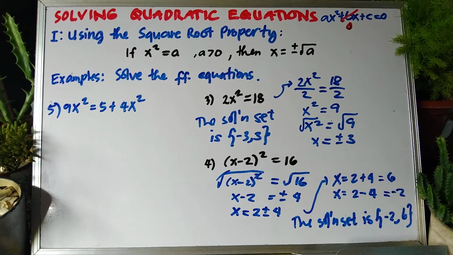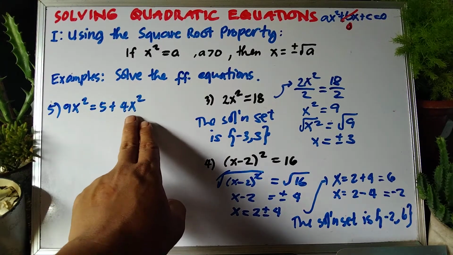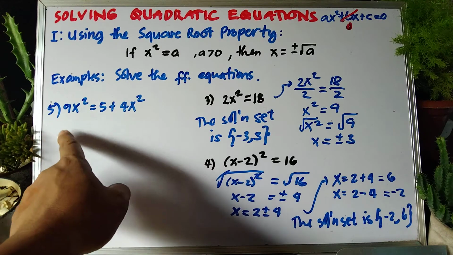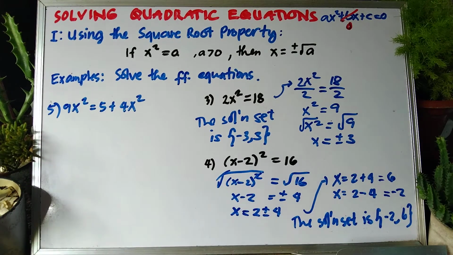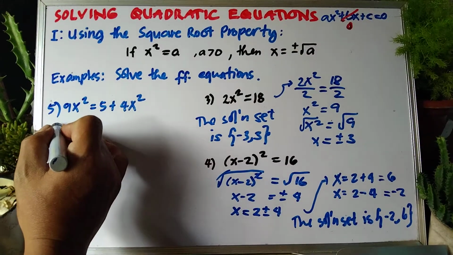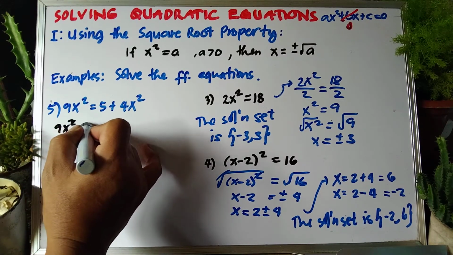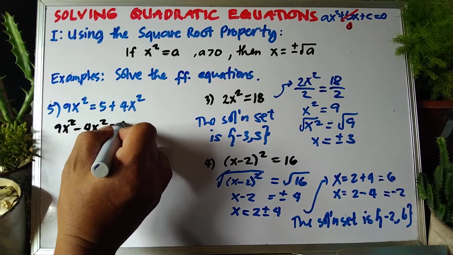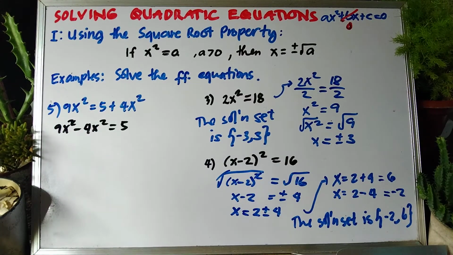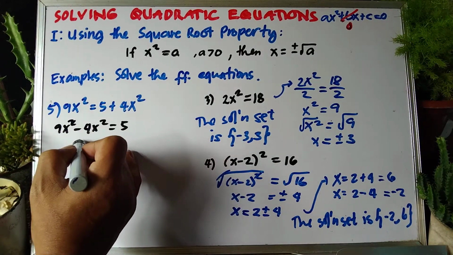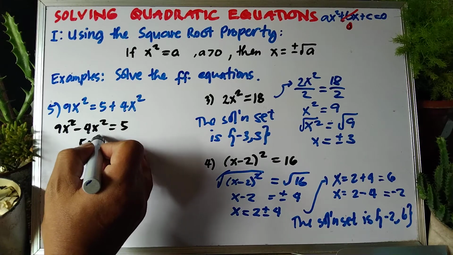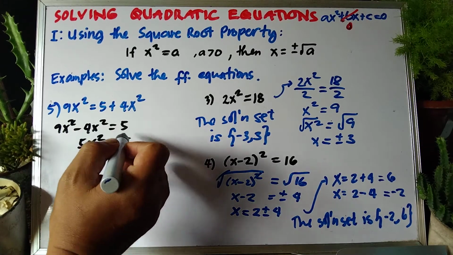What are we going to do here? We combine, meaning we will transpose 4x squared to the left side of the equation, kasi may 9x squared na yan eh. So, makukombine pa natin. So, you have 9x squared minus 4x squared is equal to 5. Correct? So, what is 9 minus 4? You have 5. You copy x squared is equal to 5.